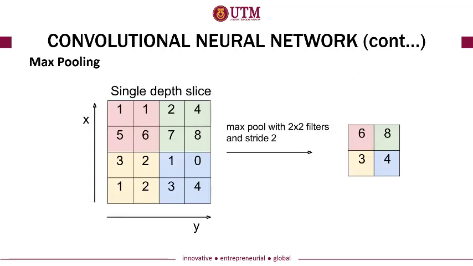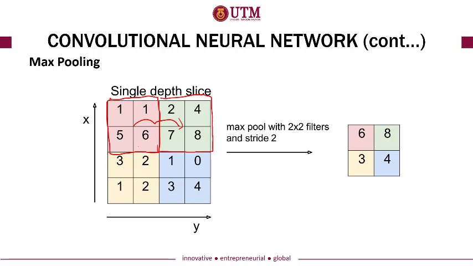This is another example. Let's say these are the activation maps from the previous layer, the output from the previous layer. If you apply maximum pooling with a filter size of 2 times 2 and a stride equal to 2, then this is what you get. Because the stride is equal to 2, after the first operation you jump 2 steps ahead, so the second operation is at this region.